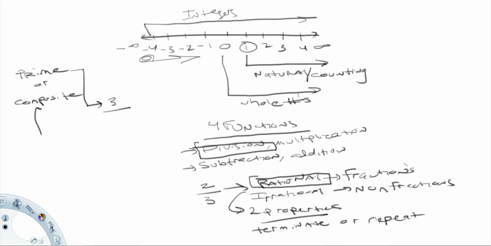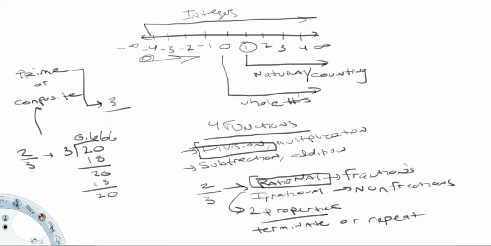So if I take 2/3, I can write it in decimal form simply by dividing. 3 goes into 2, it does not, so add a trailing 0 and a decimal point. So 3 goes into 20 six times: 6 times 3 is 18, you get 2, bring down another 0, and you get 20 again.